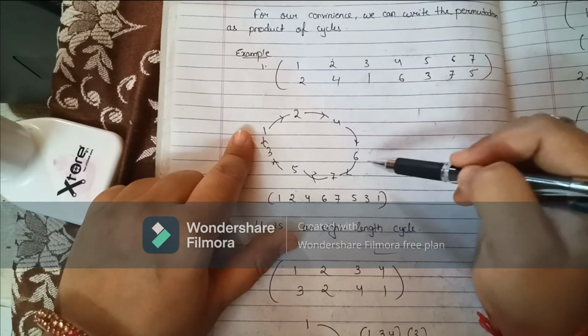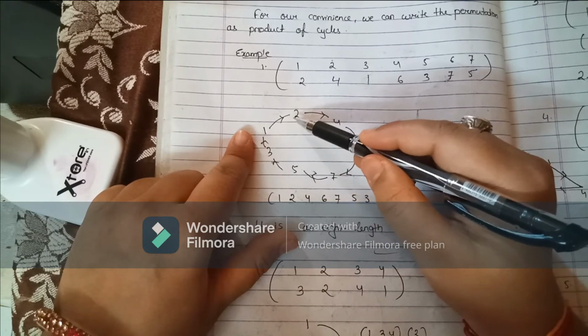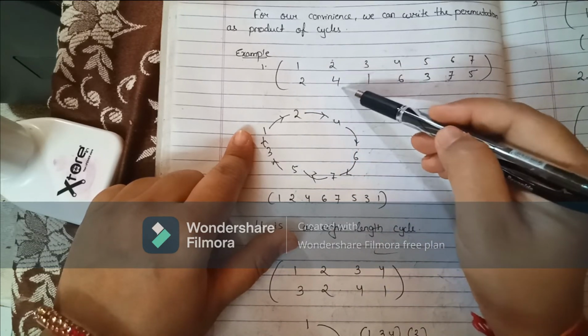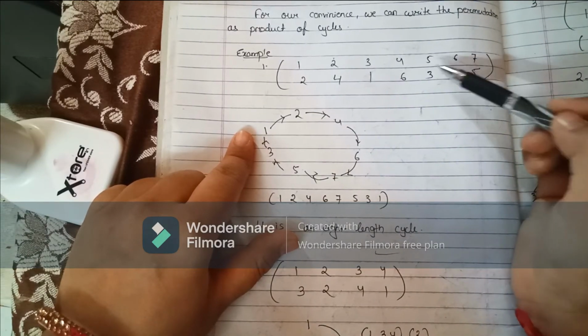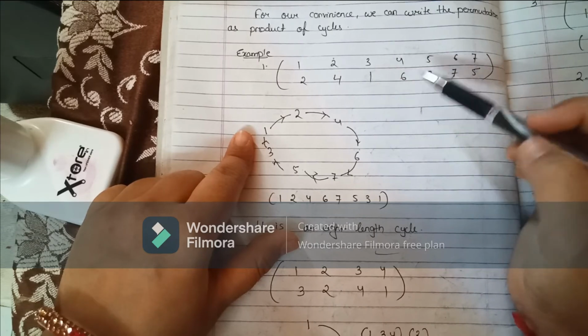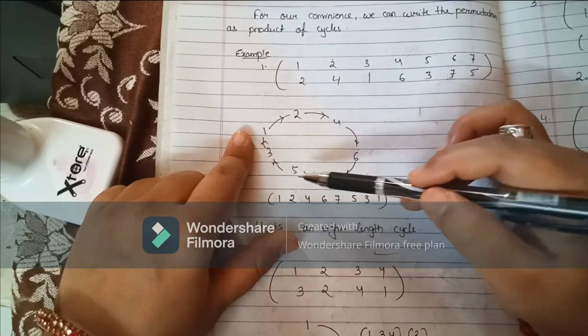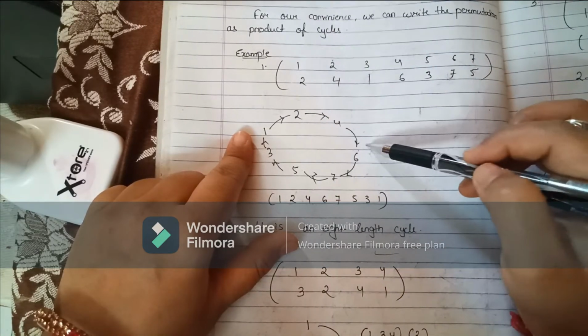That means how many elements are there? 1, 2, 3, 4, 5, 6, 7. All the elements are here, and there is a cyclic order of mapping. Look, 1 to 2, 2 to 4, 4 to 6, 6 to 7, 7 to 5, 5 to 3, 3 to 1. That means it is forming a cycle, right? So we can represent this as a cycle, and all the elements form only one cycle.